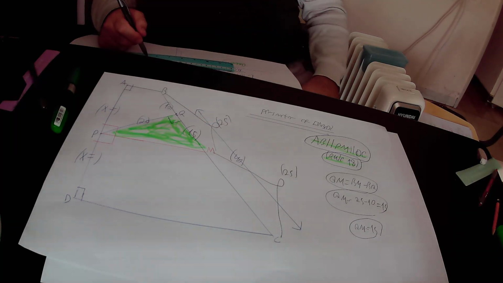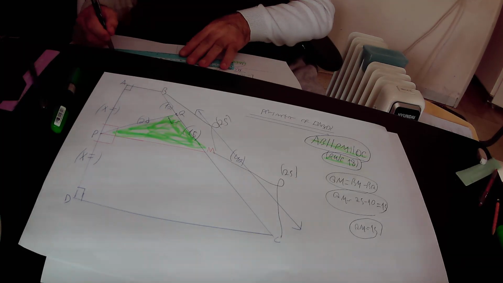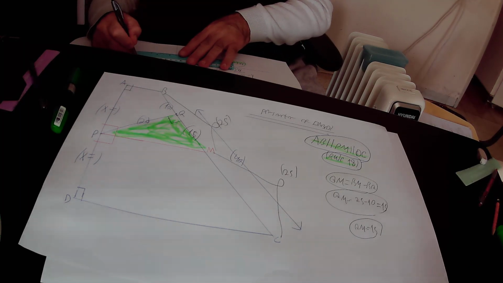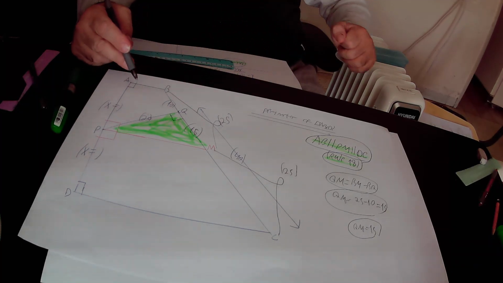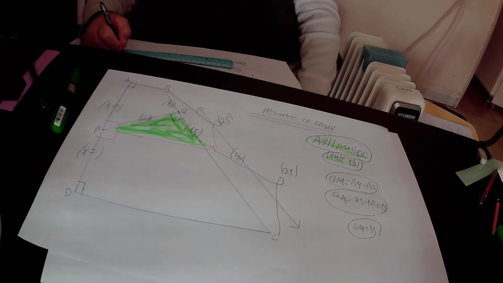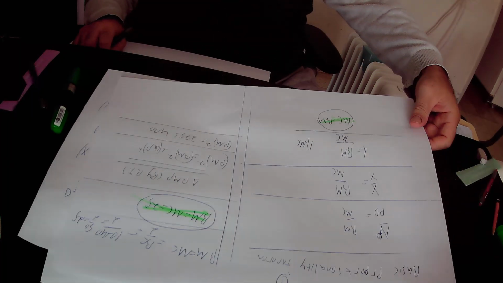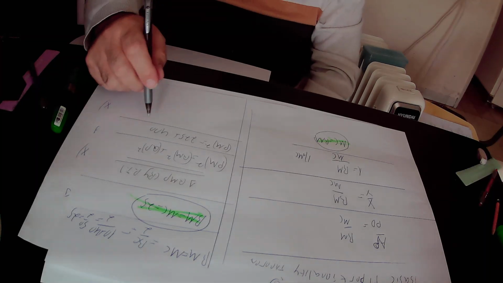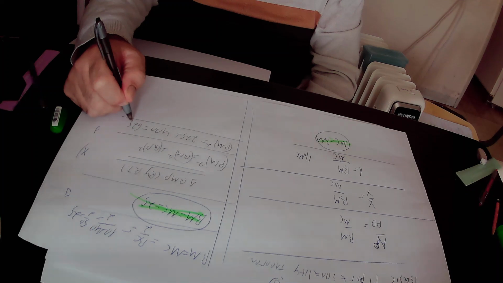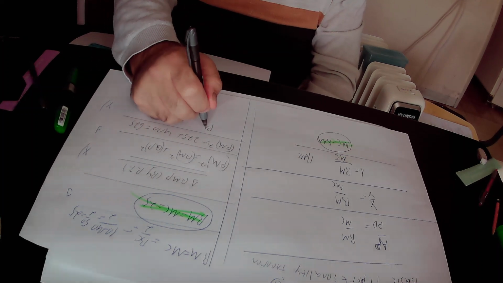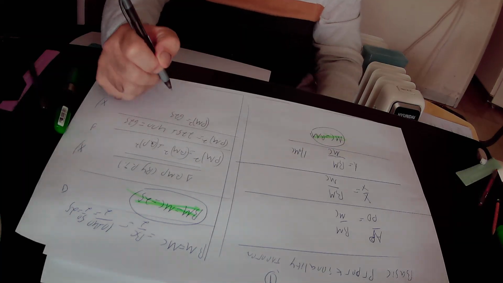QM is 15, therefore QM squared is 15 squared, that is 225, plus QP squared. QP is 20, therefore QP squared is 20 squared, that is 400. So in total, PM squared equals 225 plus 400. 225 plus 400 is 625. So PM squared equals 625.